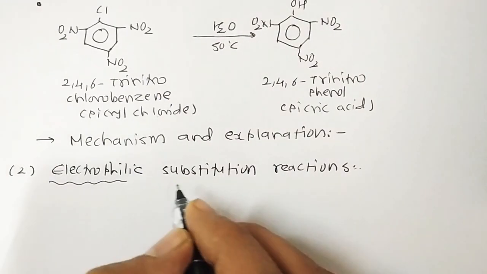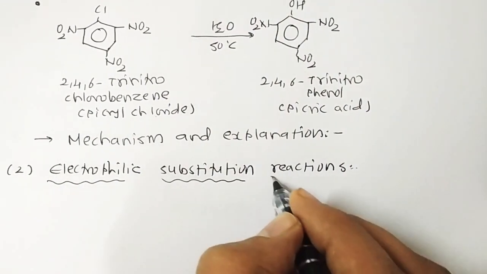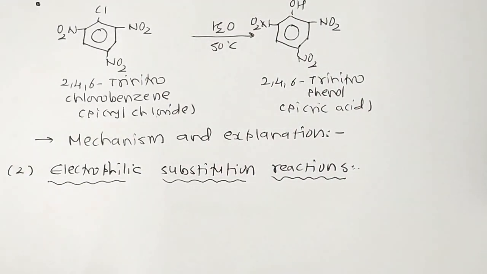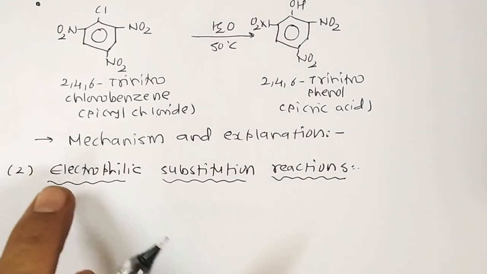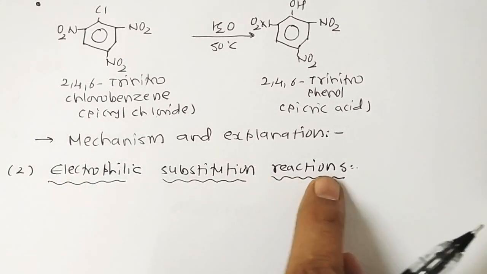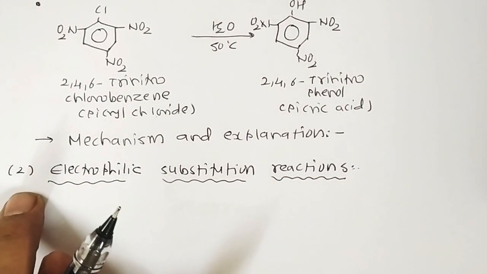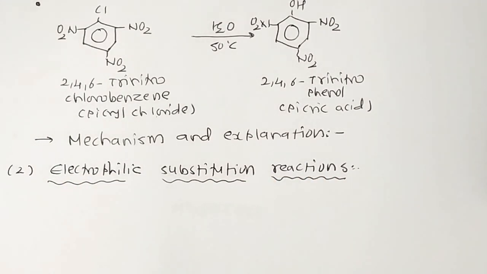So most of the time, in the case of arene compounds, when we discuss the aromatic ring with a certain functional group, we have to focus on electrophilic substitution reactions. Under this title we observe nitration, sulfonation, chlorination, bromination, Friedel-Crafts alkylation and Friedel-Crafts acylation.